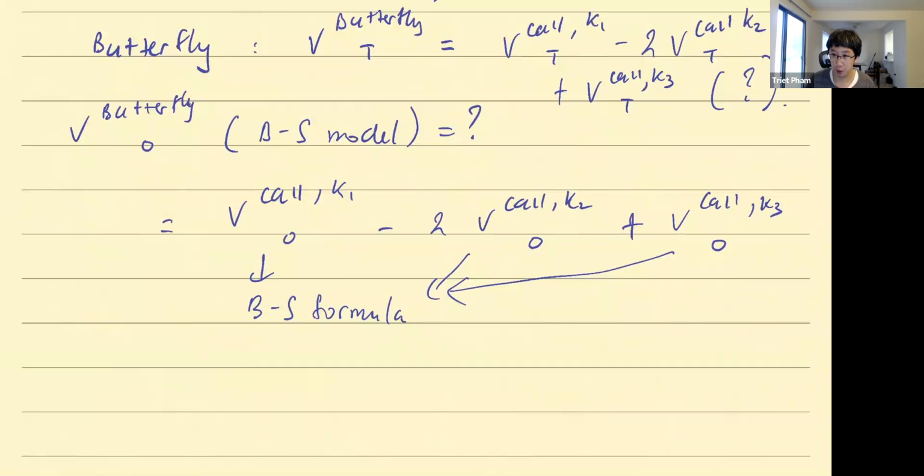So the use of Black-Scholes doesn't have to be limited to just a call, even though that's the only one they give you as a formula. Any other one can be done with it.